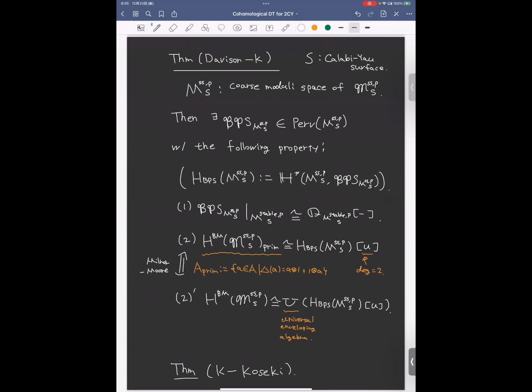But in order to reduce that, do you use formality? Is that an obstruction to generalizing your result to the Calabi-Yau case? Formality is proved for general 2-Calabi-Yau categories by Ben Davison.